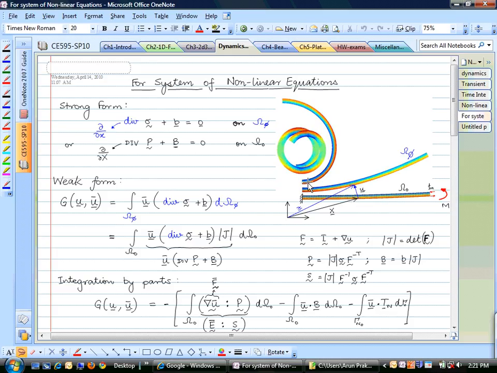This was the deformed configuration. This is the original configuration. All I'm doing is transferring this integral back to the original configuration. And this is this J that is very similar to your isoparametric map. If you can understand the isoparametric map, you can understand large deformation.